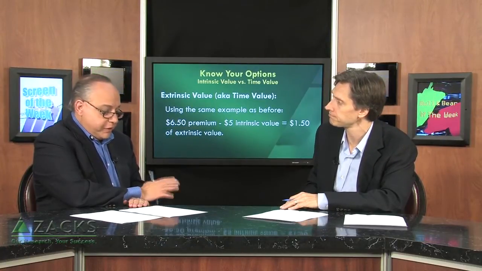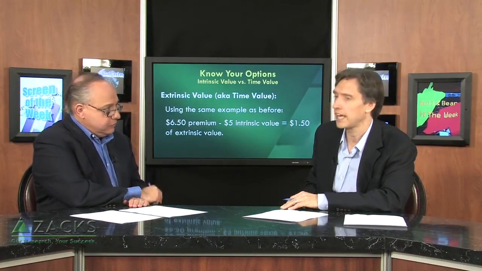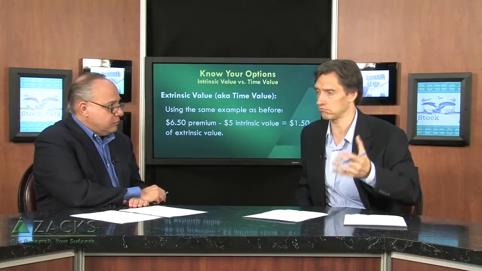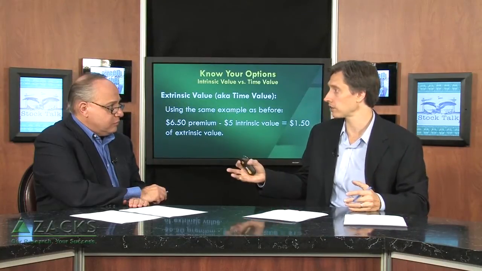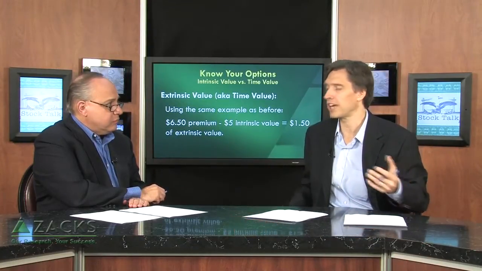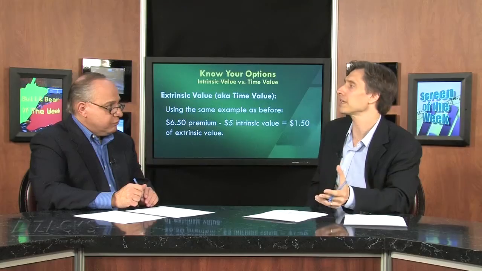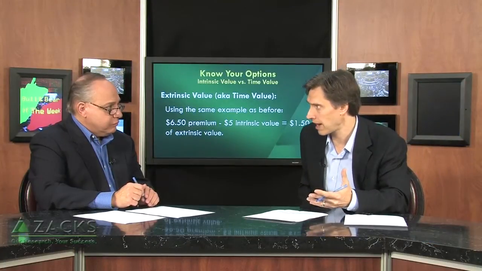Okay. And the difference to the investor would be? At the very, very beginning, it really doesn't matter. So if, let's say, you bought an option for $500 and then you sold it a short time later for $800, you've made $300. And whether 50% of that option was comprised of intrinsic value or no part of that option was comprised of intrinsic value, it doesn't really matter at that point in time.